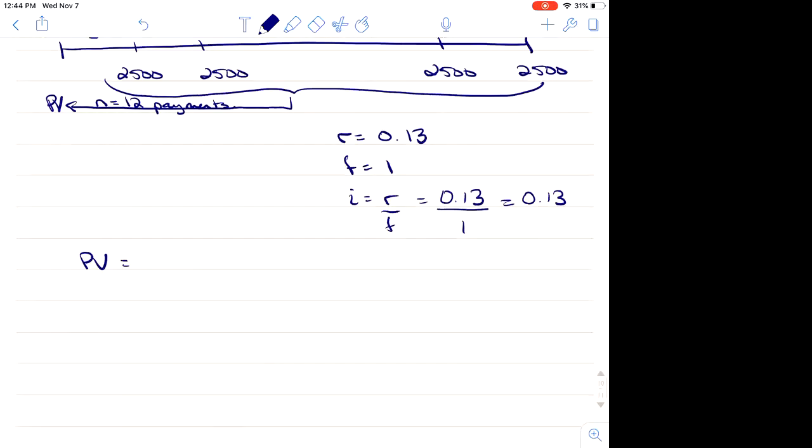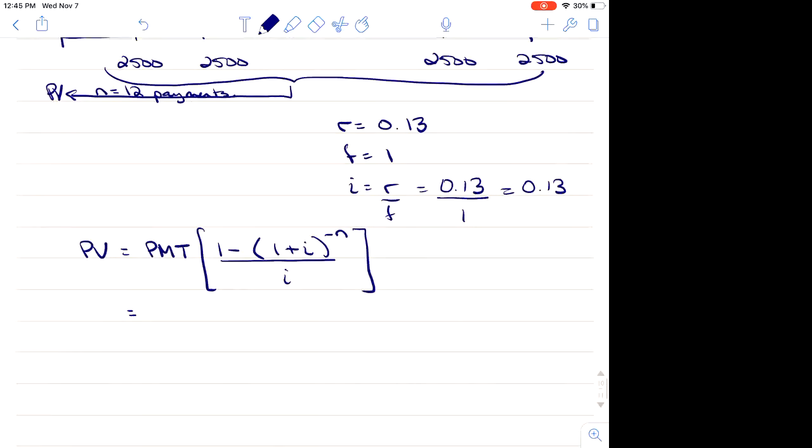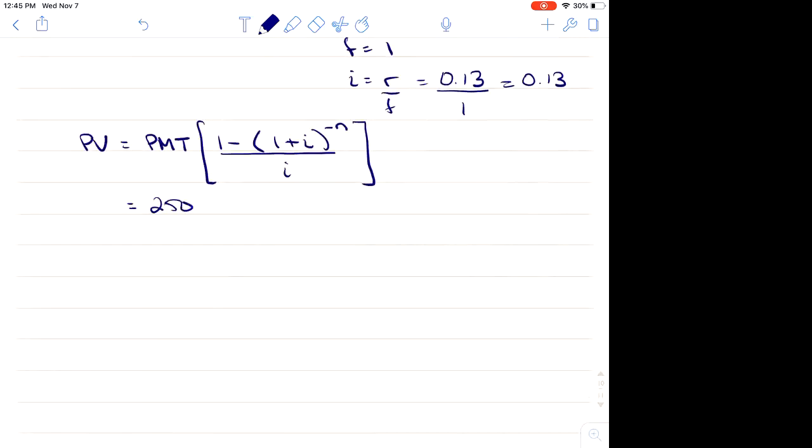So your present value is the PMT, the amount of each of these payments, times 1 minus 1 plus I to the negative n, over I. So this becomes, the payments were $2,500 times 1 minus 1 plus 0.13 to the negative 12, over 0.13.